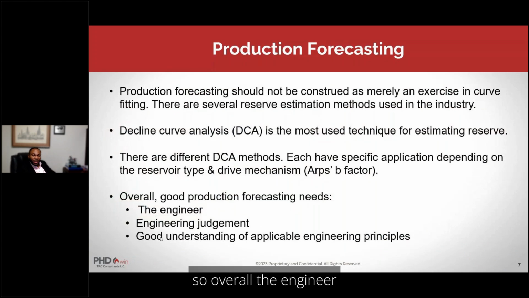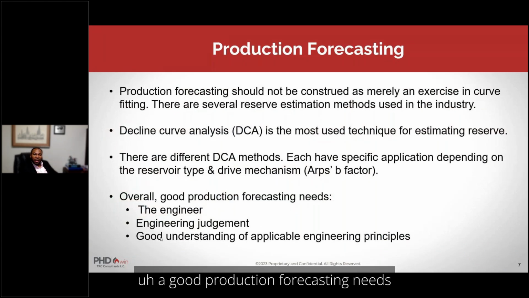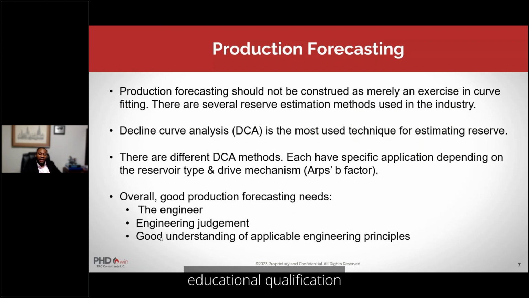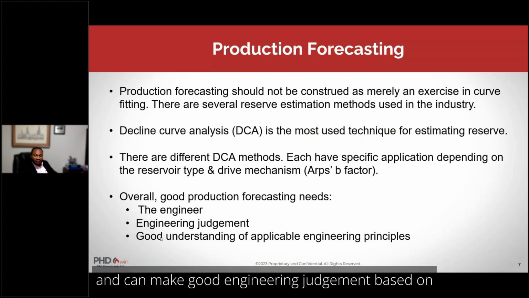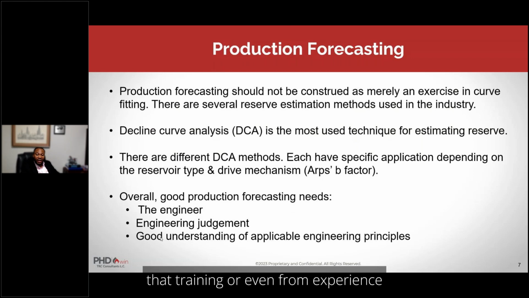So overall, for good production forecasting, I wouldn't say just these three things, but these are really important in my opinion. So they're going to need the engineer. This is someone who has the educational qualification or has obtained appropriate training and can make good engineering judgment based on that training or even from experience.